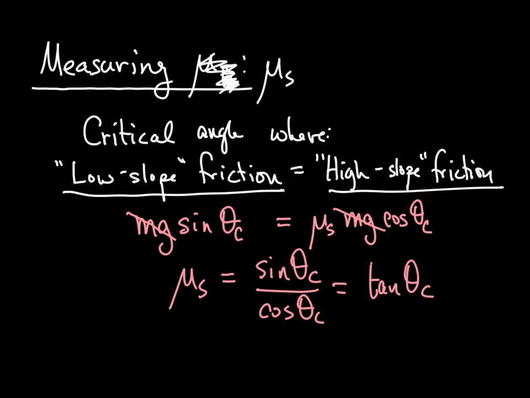So what you can do if you want to find the coefficient of friction between two objects, you can set up a ramp.